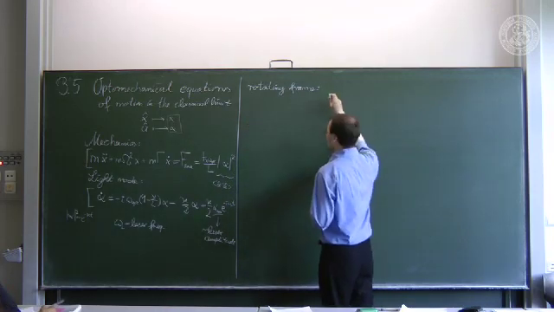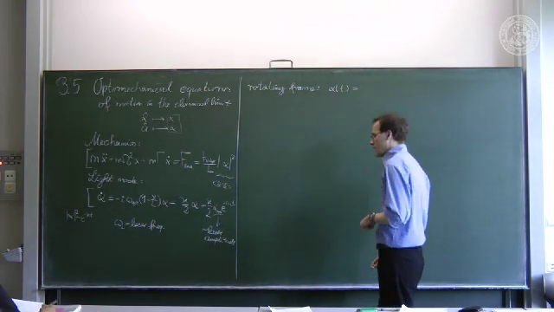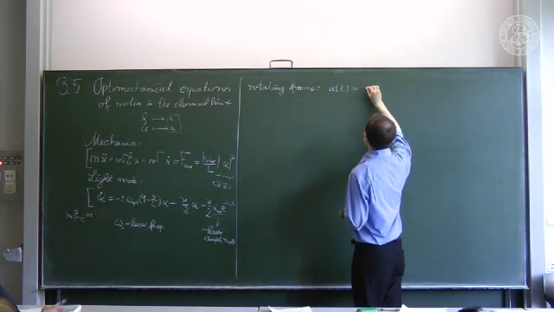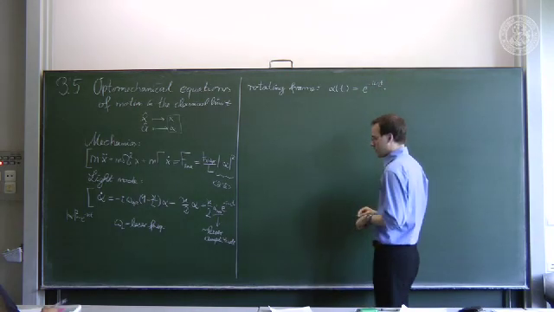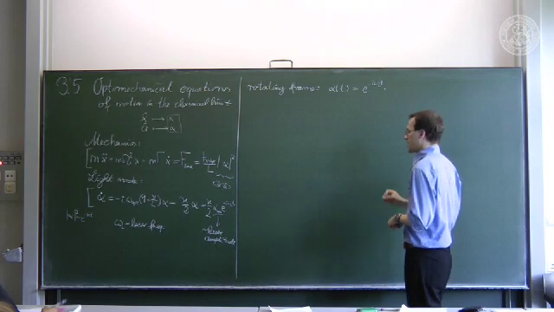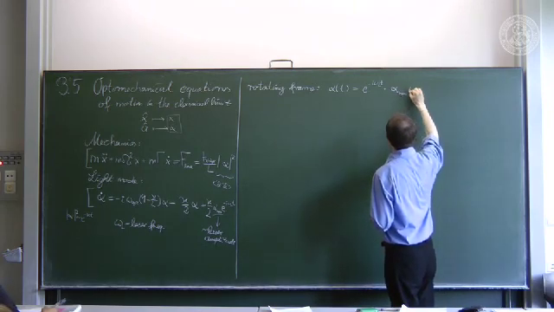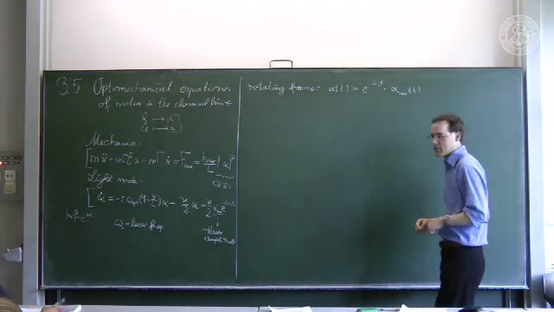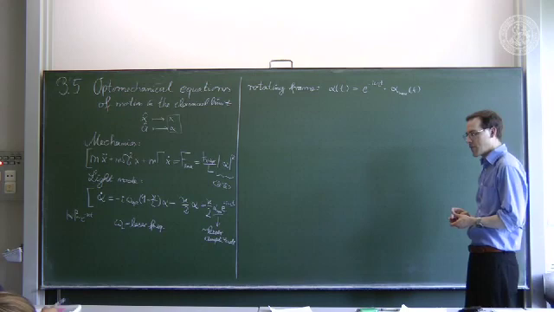So I want to write my solution alpha of t as e to the minus i omega_L t, this is factorizing off the fast oscillations, times some new complex amplitude alpha, which no longer contains these fast oscillations.